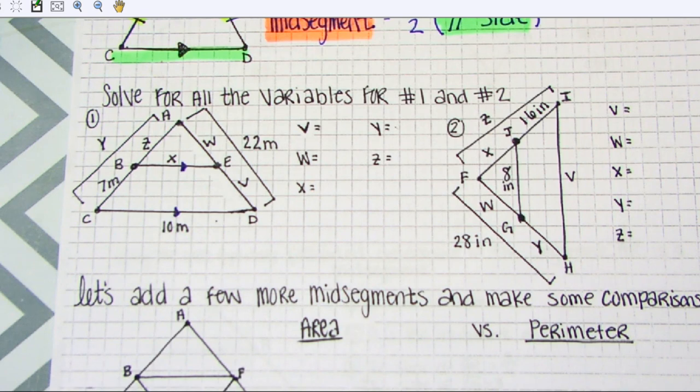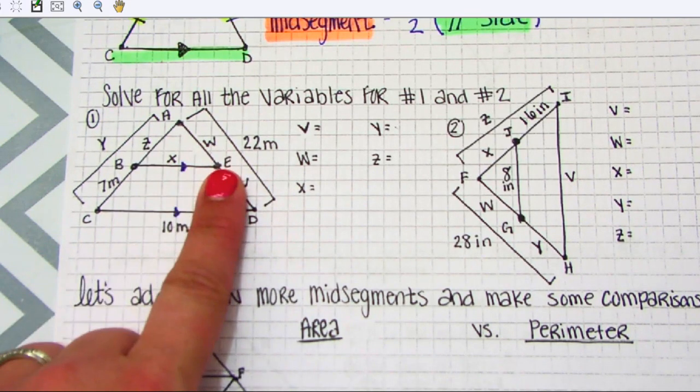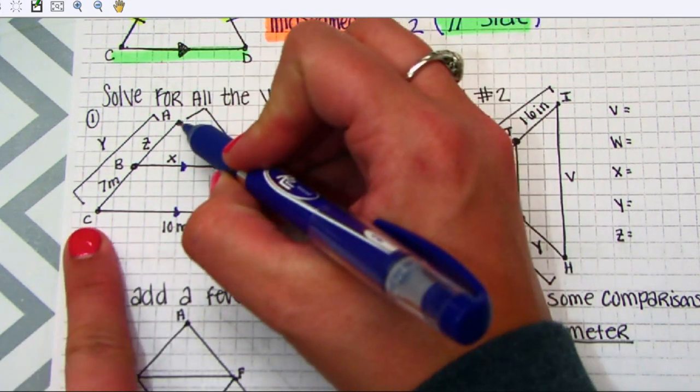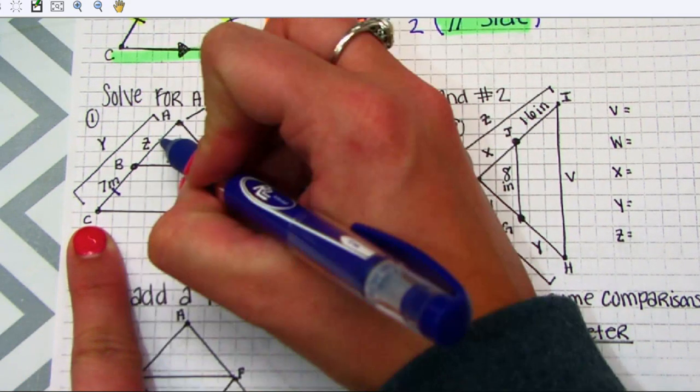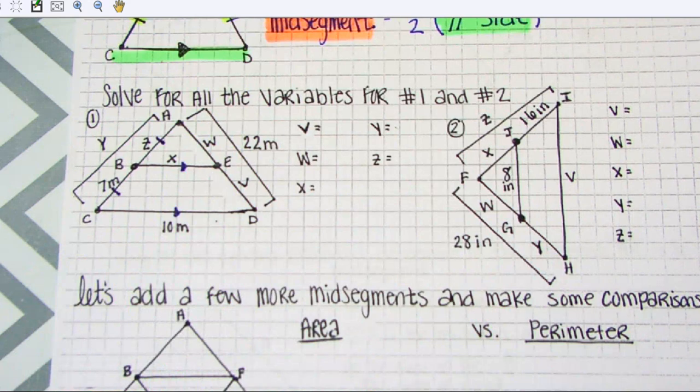It's in our definition. Midpoints. So B and E are midpoints, which means AC is cut in half, which means BC and AB are equal because B is the midpoint. What other 2 sides should be the same measure?